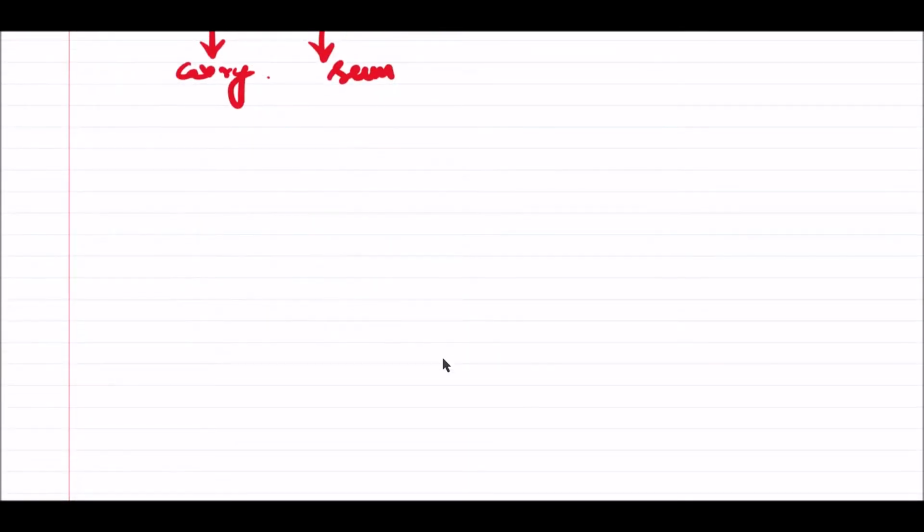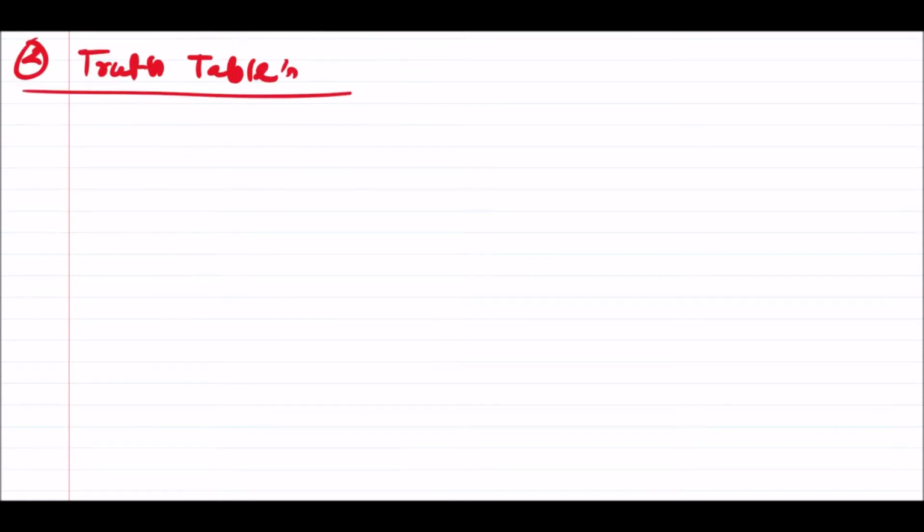Let us draw the truth table. Second one is the truth table. So let us write down the three inputs. I am writing C in first, then A, then B. And my outputs are sum and carry. So with three inputs, the total number of possible combinations is 8.